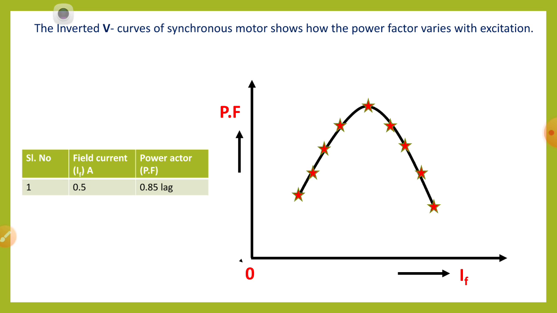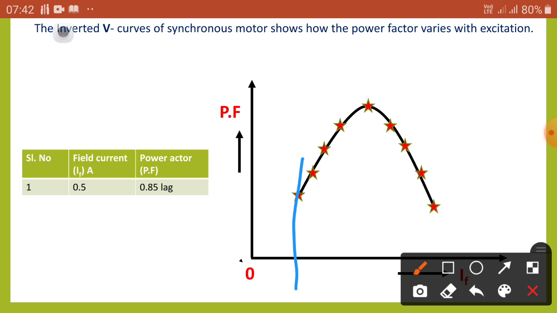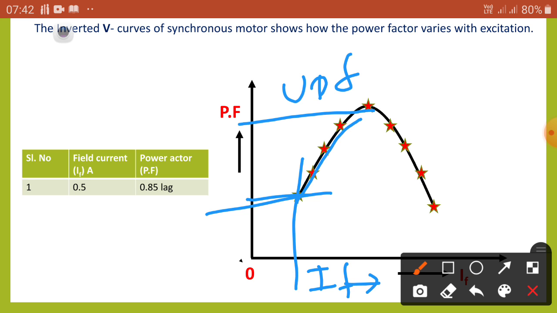What does it predict? Initially, you can see here, at this value of the field current IF, the power factor is minimum. If the field current increases, then the power factor also rises, and we reach UPF, unity power factor, at this condition.